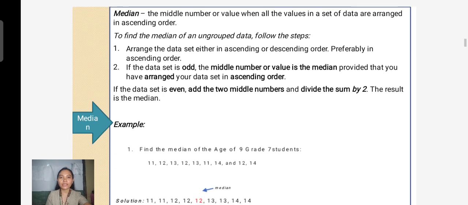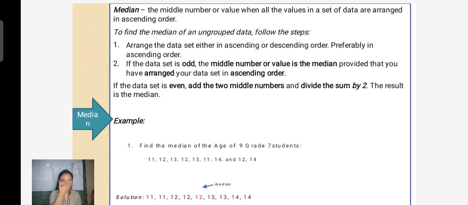Okay, let's proceed for the median of ungrouped data. Median is simply the middle number. So, provided that your set of scores or your data set is arranged from ascending order, gikan sa pinakagamay nga score padung sa pinakadako. To find the median of an ungrouped data, follow the steps. So nice, tulo diha ka steps. 1, 2, and 3.